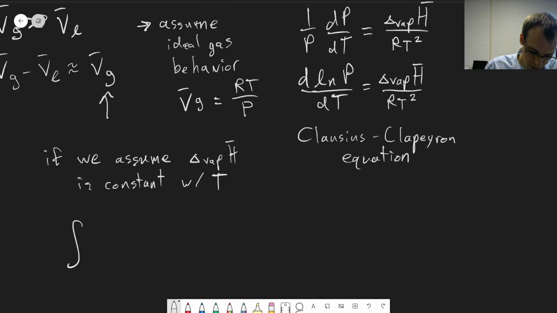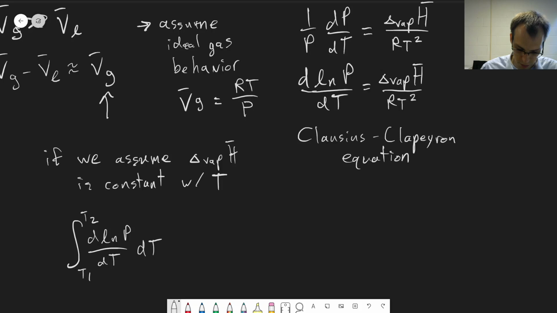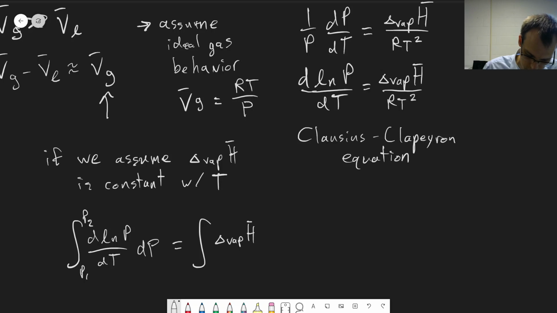So we can integrate d ln P, sorry, we're integrating pressure, so this will go from P1 to P2. It will be equal to the integral of the enthalpy of vaporization divided by RT squared from T1 to T2.